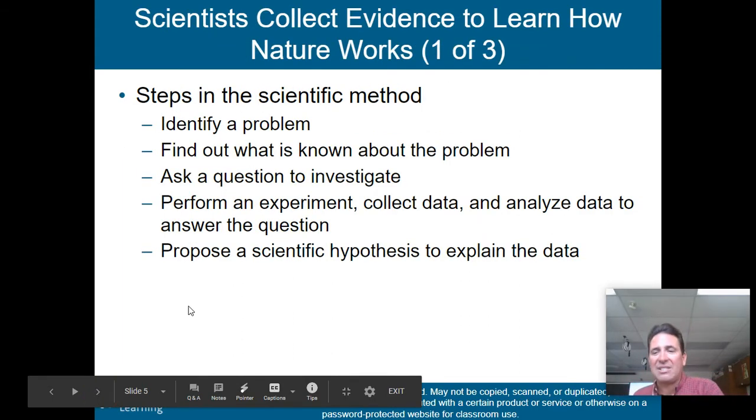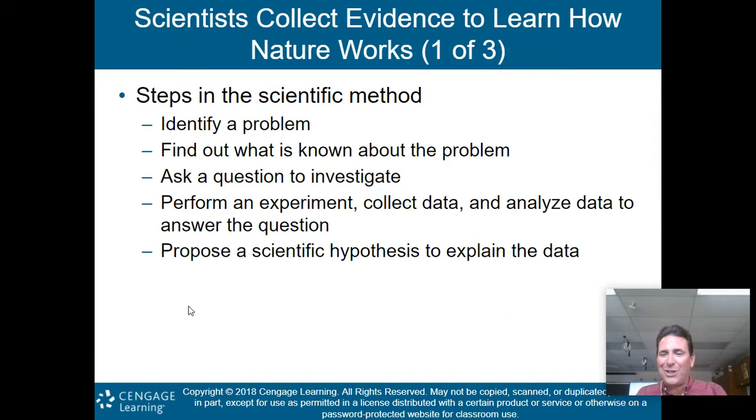So here are the steps in the scientific method, and what I find interesting is that when we look at these steps, they're very similar to the 6 parts of the lab write-up that you have to do for this class, and that you've been doing for AP. Those of you who are in AP Biology or other AP classes, or even just your regular Regents classes, pretty much your lab write-ups follow this scientific method.